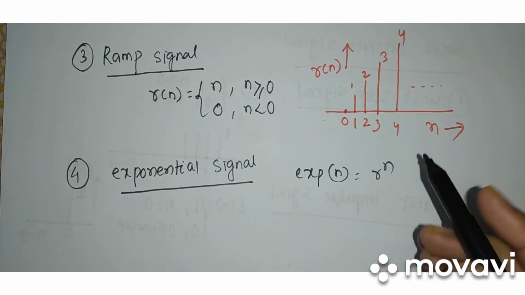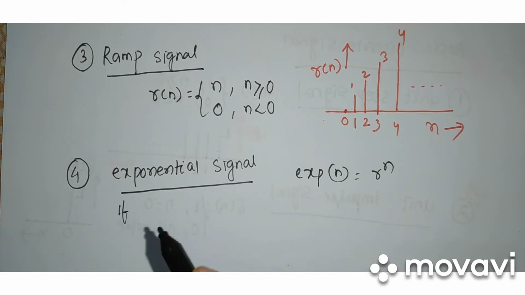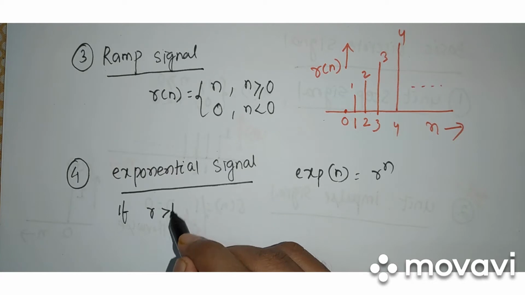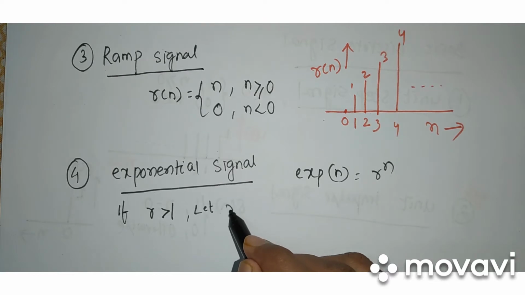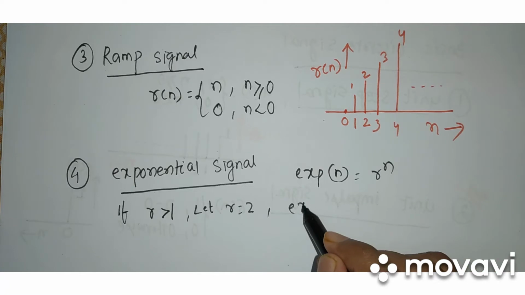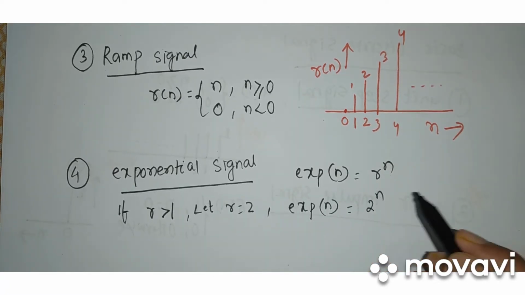Now here different cases you will get depends upon the value of r. Okay, if r is greater than 1, then let r equals to 2. Then what is exp of n? It is 2 to power n.